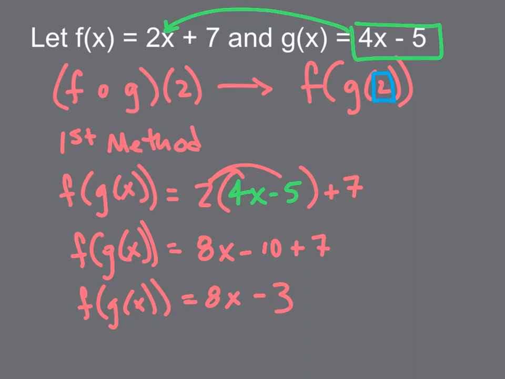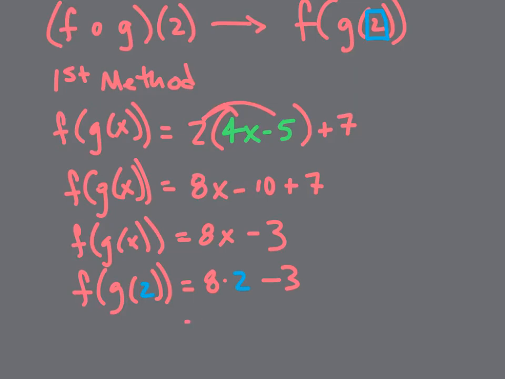So if I calculate f of g of 2, then I'm going to plug in 2 for x. So I'm going to get 8 times 2 and then minus 3. From here, we want to do the math. 8 times 2 gives us 16 and then minus 3.